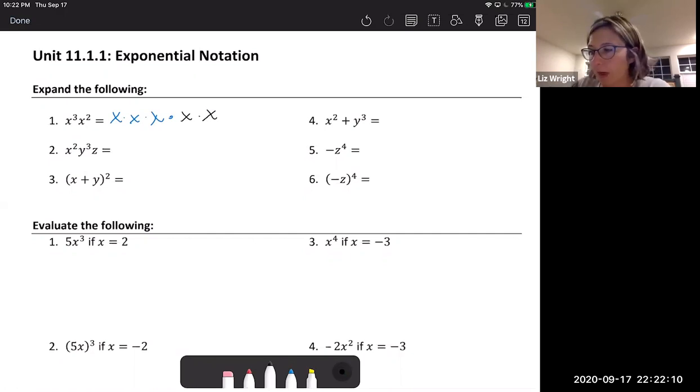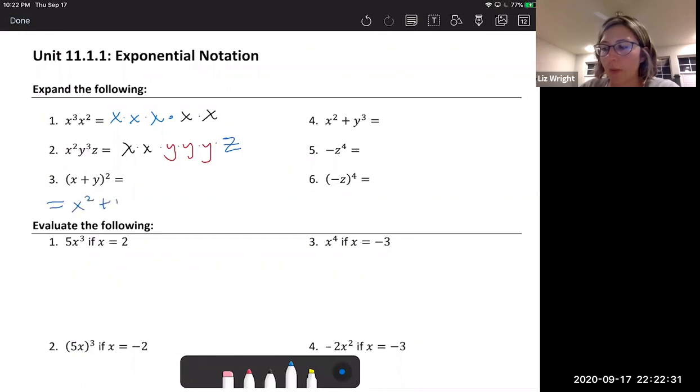Then our next one, we've got x times x, we've got two of them, times 3 y's times a z. Number 3 is a common error that will occur. Students will often try to write equals x squared plus y squared, and that's not true.